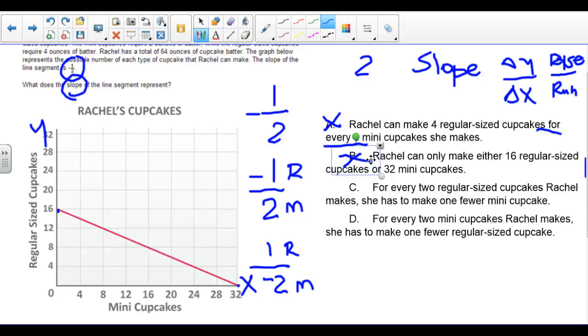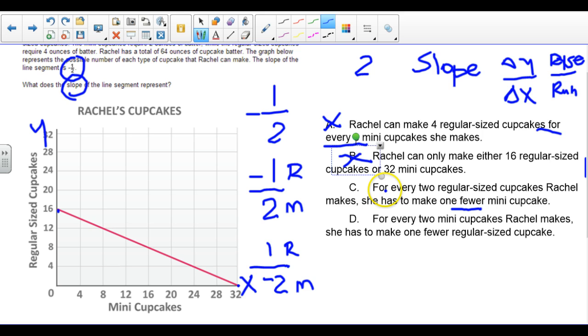Now C says for every 2 regular size cupcakes Rachel makes, she has to make 1 fewer mini cupcake. So this one sounds good so far, right? Because it has the 1 and the 2 that we're talking about in the slope, and it also has the word fewer, letting me know something's decreasing. But let's see if it makes sense.